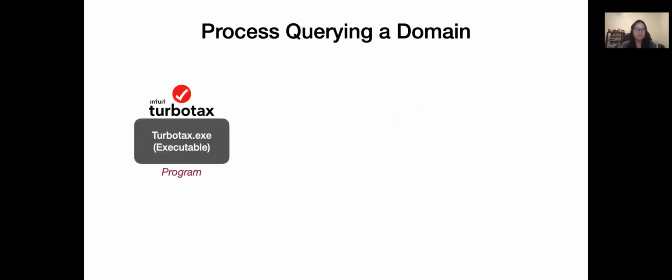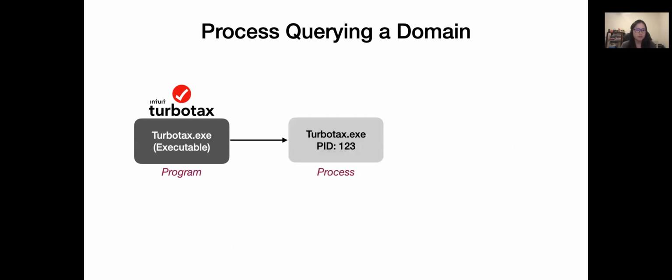First, let's look at a very simple scenario. Say I've downloaded and installed the TurboTax software on my machine, and I have a turbotax.exe executable, which I will refer to as the program. It'll always be there unless I delete or uninstall it from my machine.